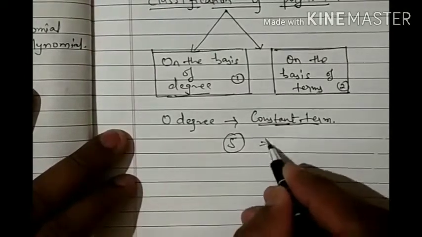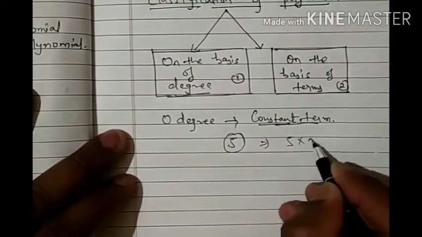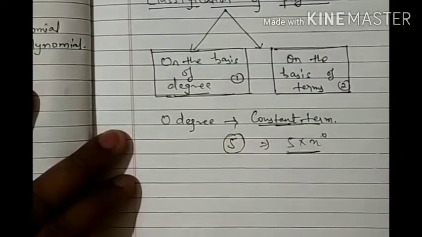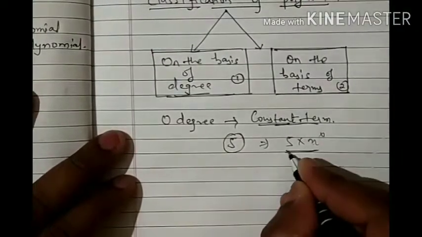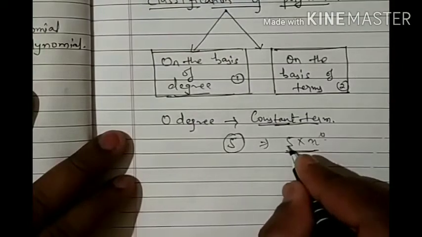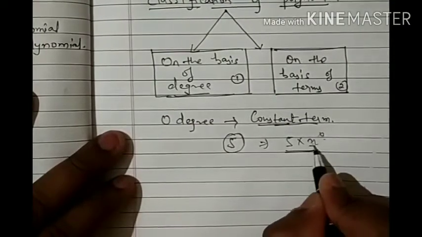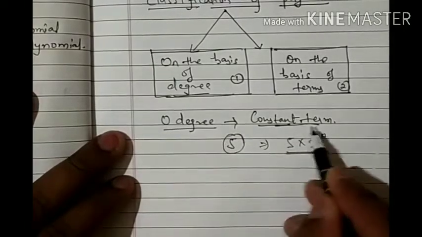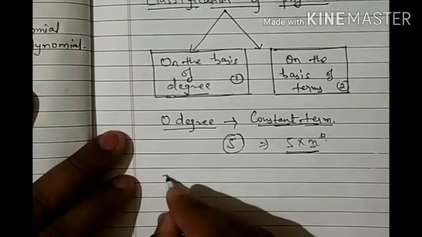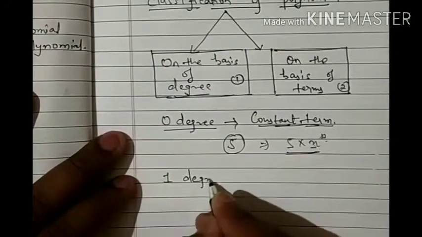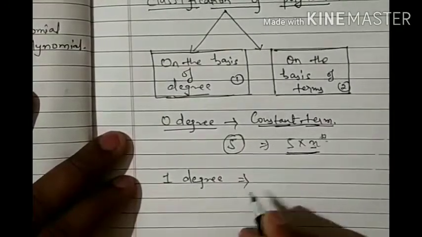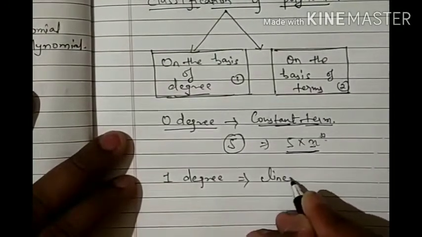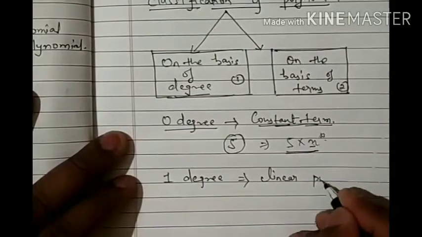We can write it as 5 multiplied by x to the power 0. Anything to the power 0 is equal to 1, so we get 5. And what is the highest power of x here? 0. So if it is 0 degree, it will be a constant term. If it is 1 degree, what do we get? We get linear polynomial.